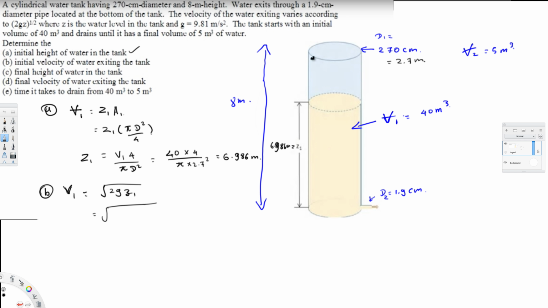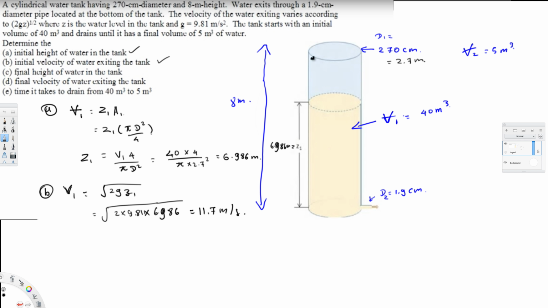We have the acceleration due to gravity, 9.81, and we have just calculated this height, 6.986, and that gives us this velocity. That comes out to be 11.7 meter per second. So we have done the B part.